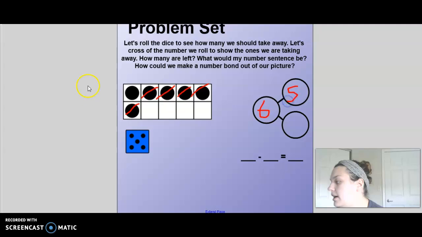Equals how many are left? Just my 1. Okay, so now I have 6, because my whole goes first, minus, I took away 5, the dice told me to take away 5, equals my 1 left.